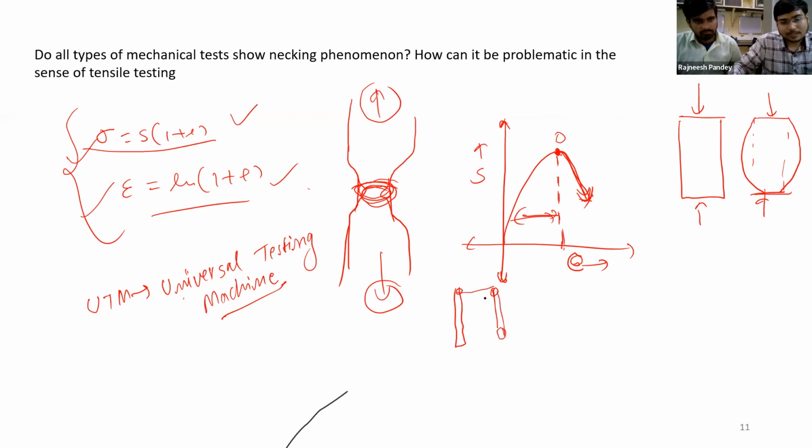It has this frame and everything is similar. But where the sample is mounted, you have provisions for various mounting methods. So if you can elongate the sample by pulling this cross-head upward, then you can also compress it by pushing this downwards. If we apply the pressure in this direction, a compression test can be done.